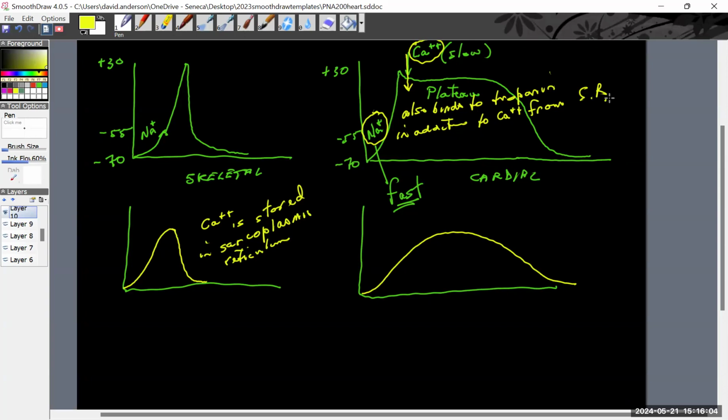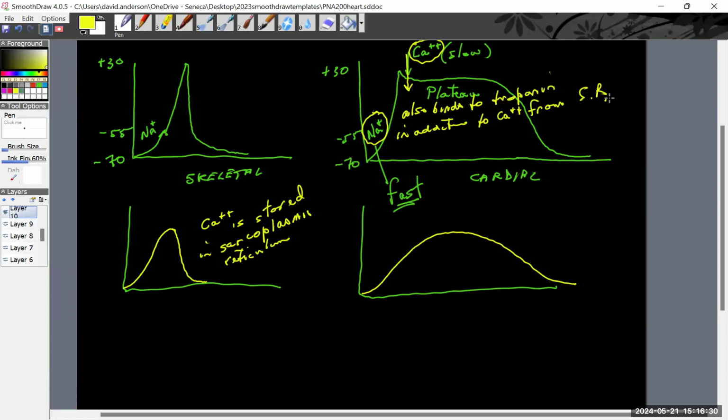The calcium that leaked in from the slow channels causes calcium to be released from the sarcoplasmic reticulum. So it was induced to release calcium by calcium. If you do a little bit of reading and backup on cardiac muscle contraction, you might see that phrase, calcium-induced calcium release, and that's what it's referring to.